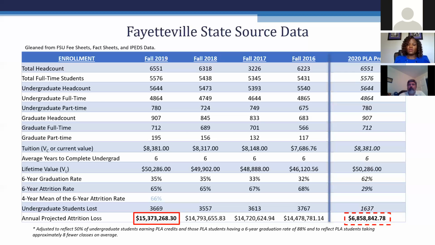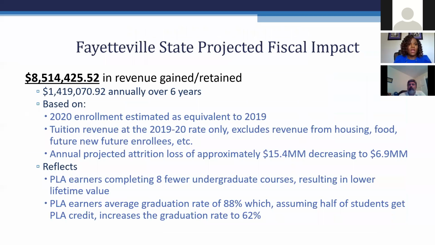It also does not reflect the tuition differential for out-of-state students, which for Fayetteville State is negligible because we only have about 6% out-of-state students. So a projected estimated fiscal impact would be about $8.5 million in revenue gained or retained at the university, about $1.5 million annually over 6 years.